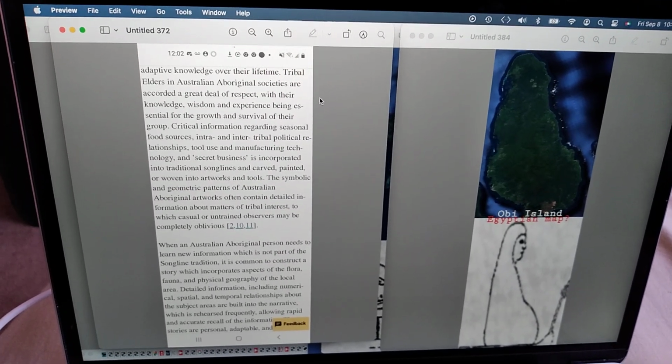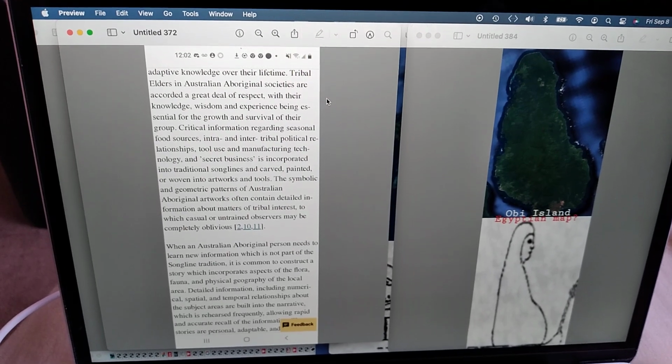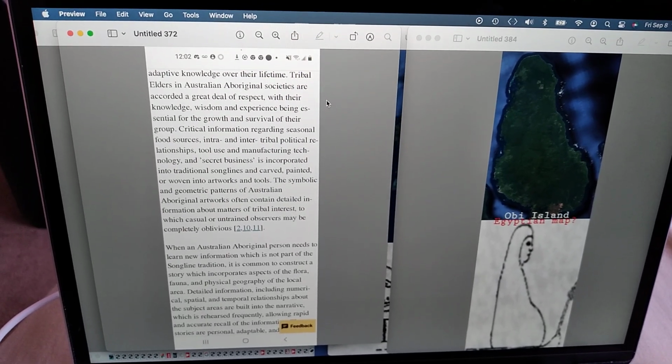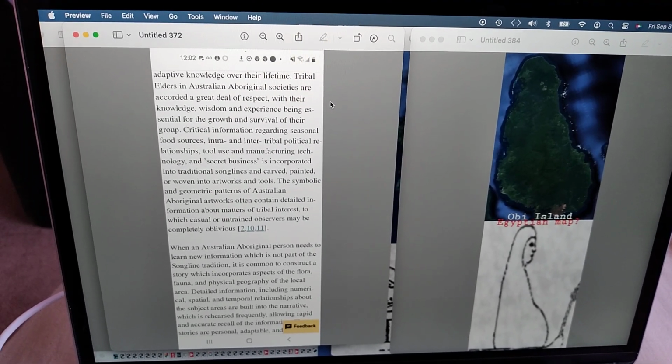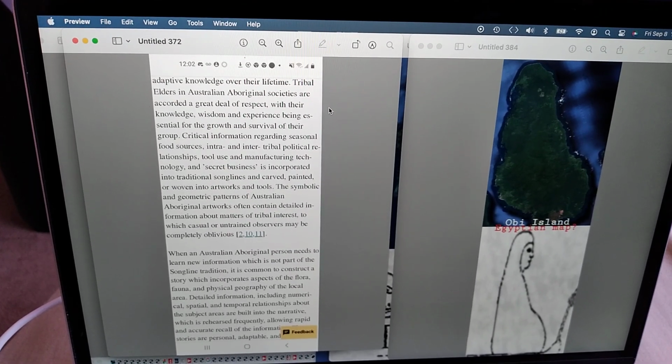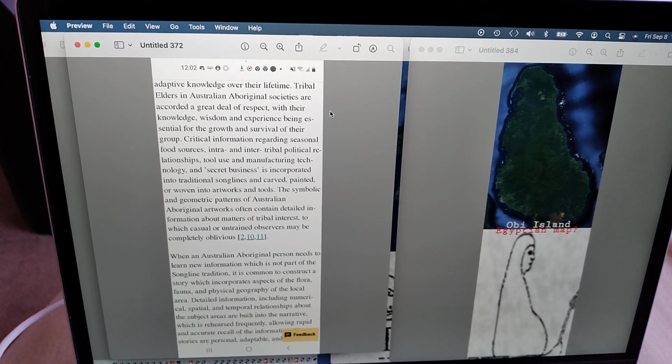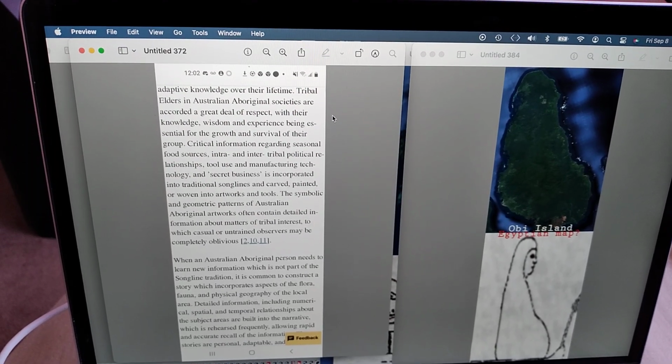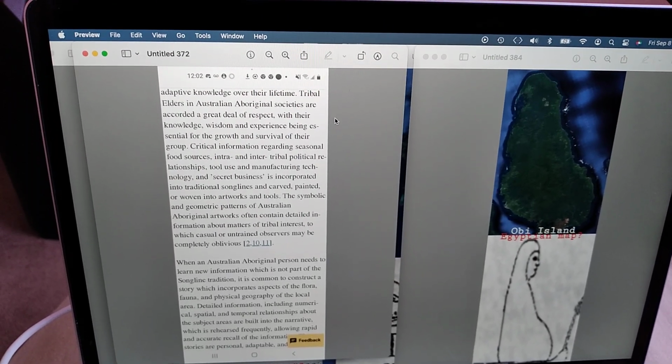Critical information regarding seasonal food sources, intra- and intertribal political relationships, tool use, manufacturing technology, and secret business is incorporated into traditional songlines and carved, painted, or woven into artworks and tools.